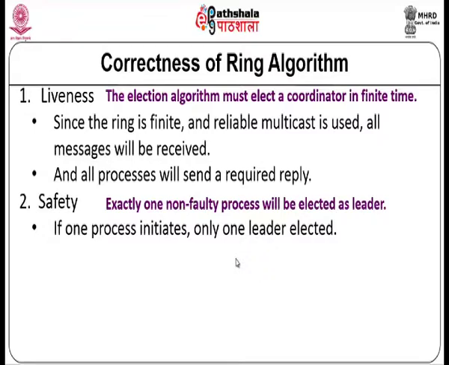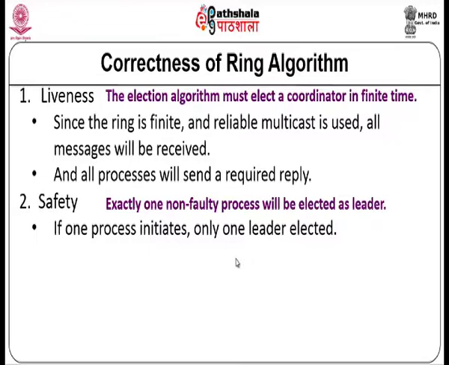Our criteria is that the process having the highest ID, and we said that all the processes have unique IDs. So, if processes have unique IDs and we are going to take the highest ID process as the coordinator, then obviously there will be only one process that will be elected.